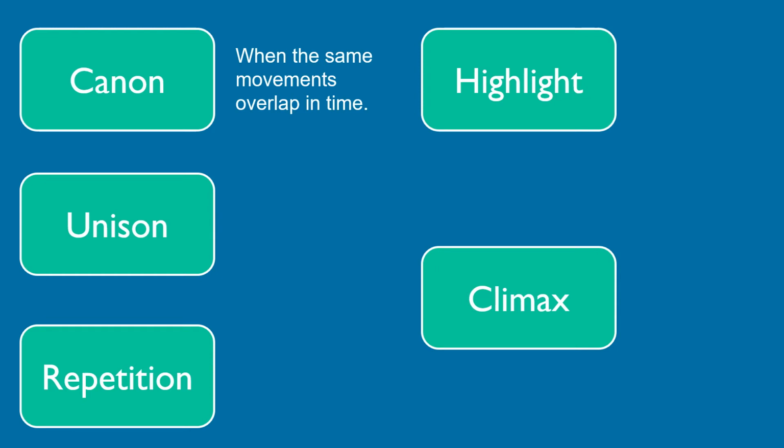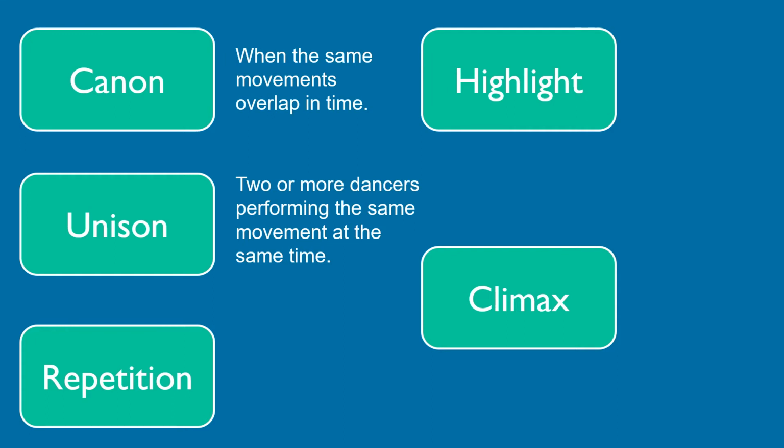But it must be the same movement and it must overlap in time. That is canon. Unison is the opposite of that. It's where the dancers are performing the same movement at the same time. So if you are in unison together, you are performing the exact same thing at the exact same time.